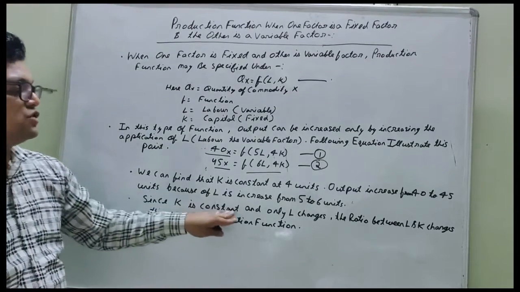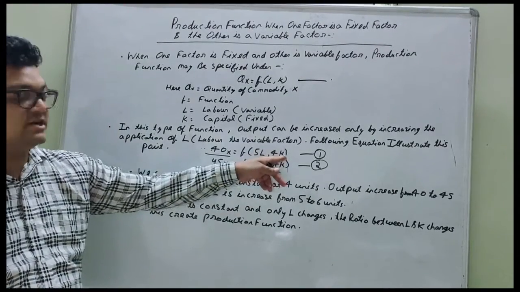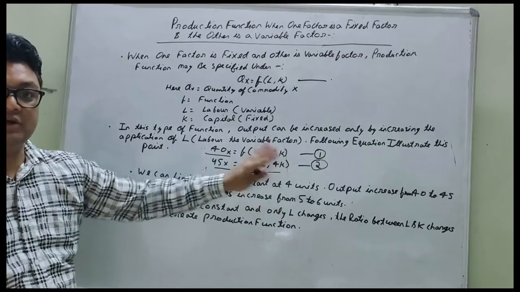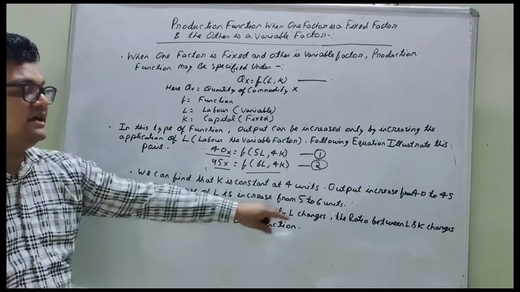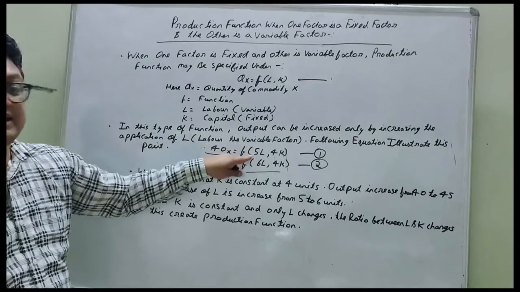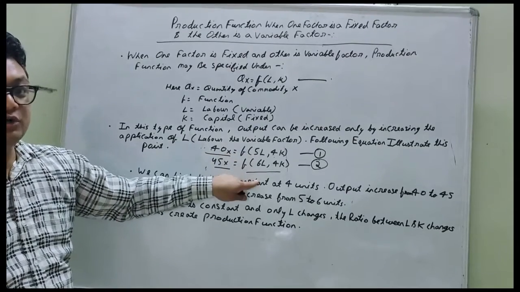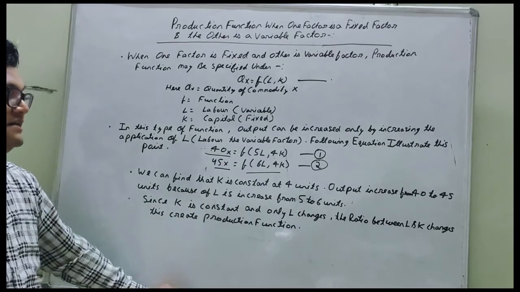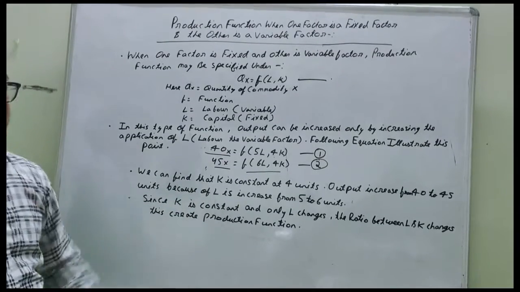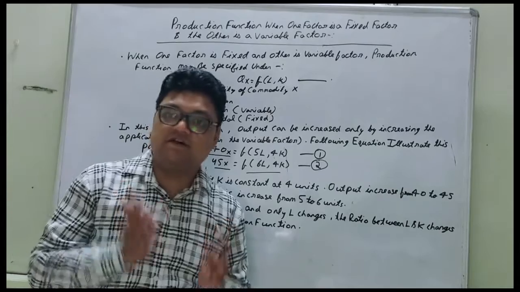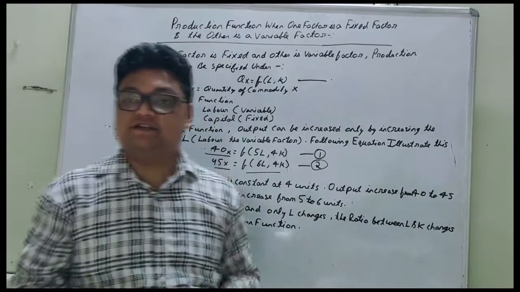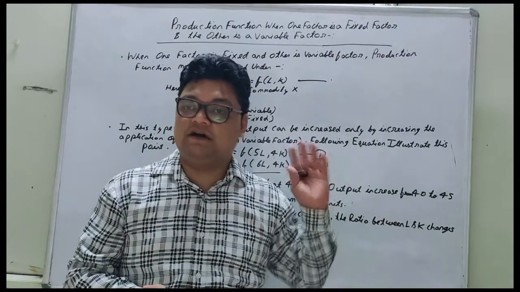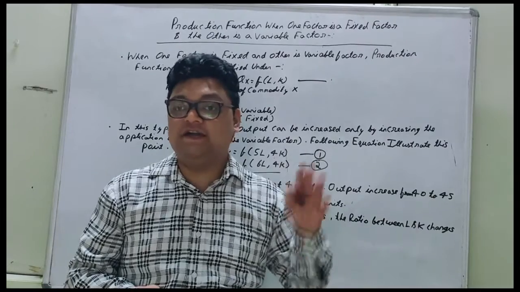Since K is constant, 4K remains constant, and only L changes, from 5L to 6L, the ratio between L and K changes. This creates the production function, because the production function states a relationship between output and input.